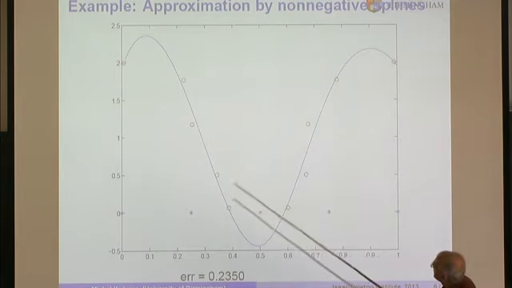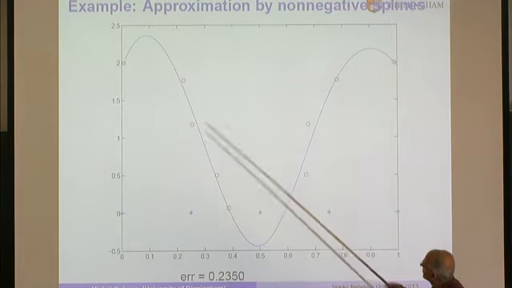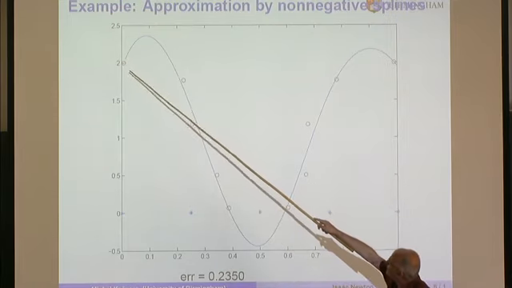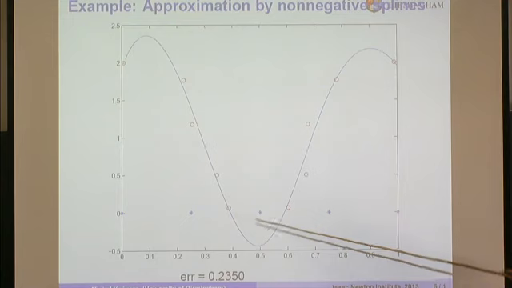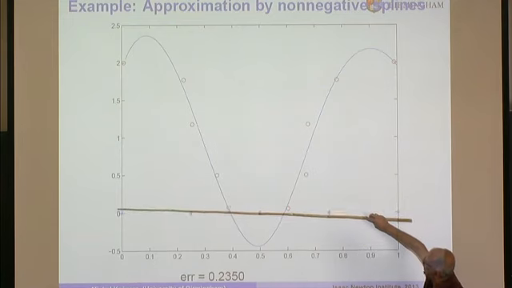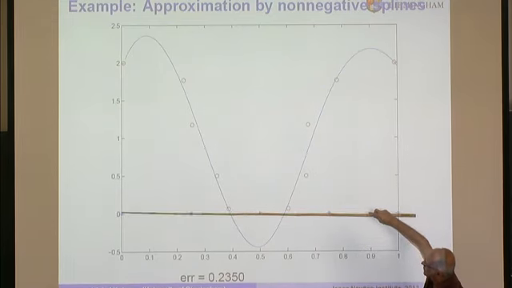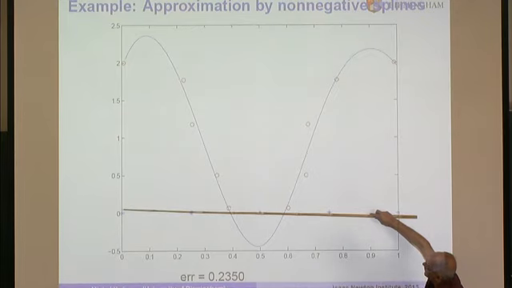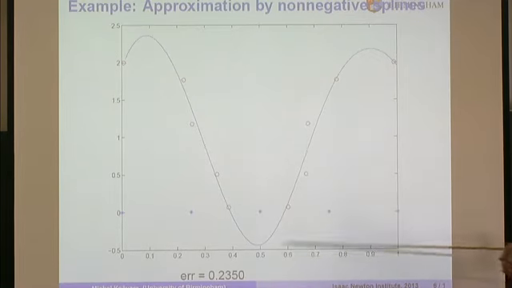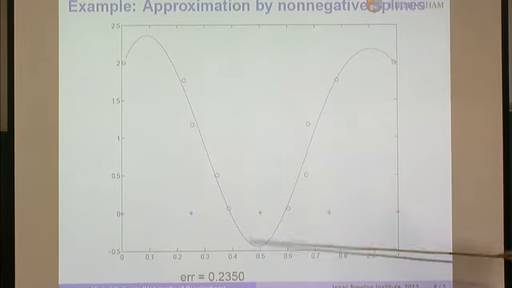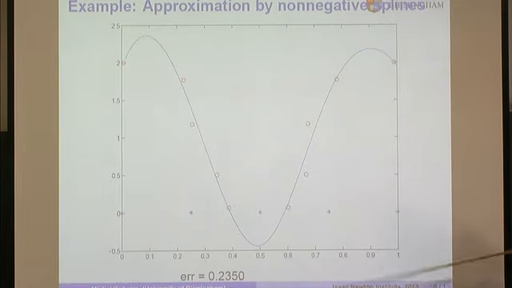So this is a sort of artificial example. Those are the measured points, the red ones. This is the 0, this is the axis, so we don't want to go below that. And the red points, they don't go below that. But then if I interpolate it by the spline, it will go to negative numbers.